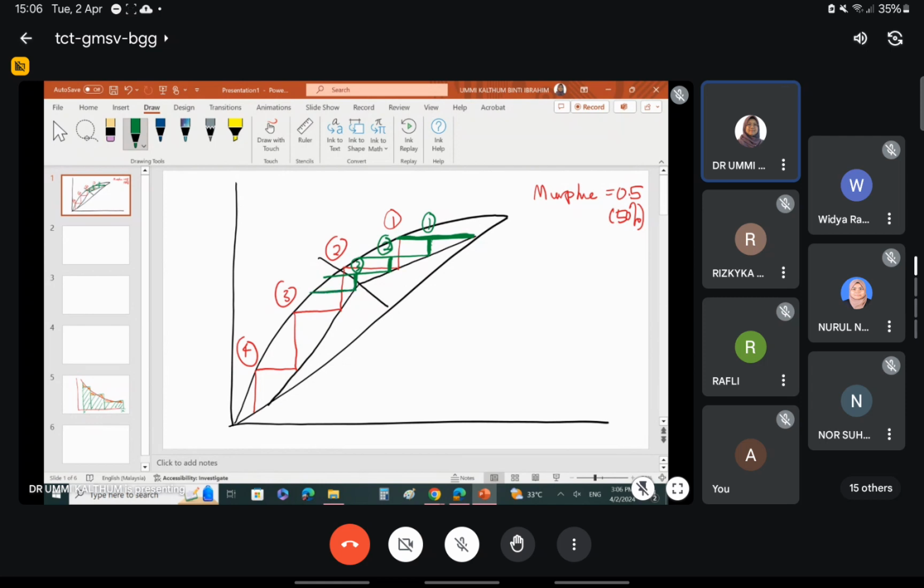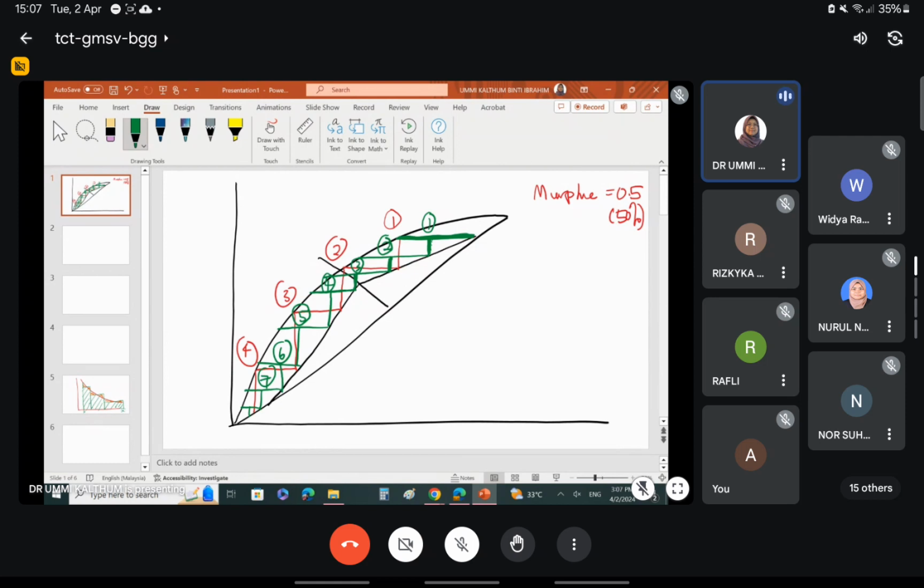Nampak tak? Nampak, madam. Okay. Nampak ya. This one is 4. This one is 5. 6. 7. Okay. Approximately 7.5. Okay.